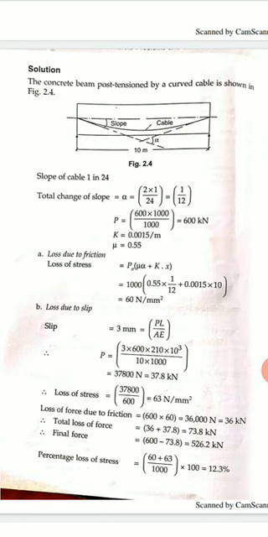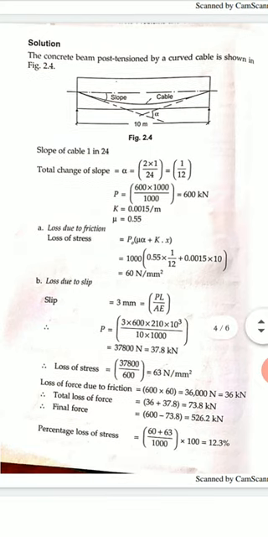Then P, the prestressing force, is 600, which is the area, into 1000, which is the applied stress. We are dividing it by 1000 to convert it to kilonewton. That is, the prestressing force is equal to 600 kilonewton. The value of K is given as 0.0015 per meter. Value of mu is equal to 0.55.